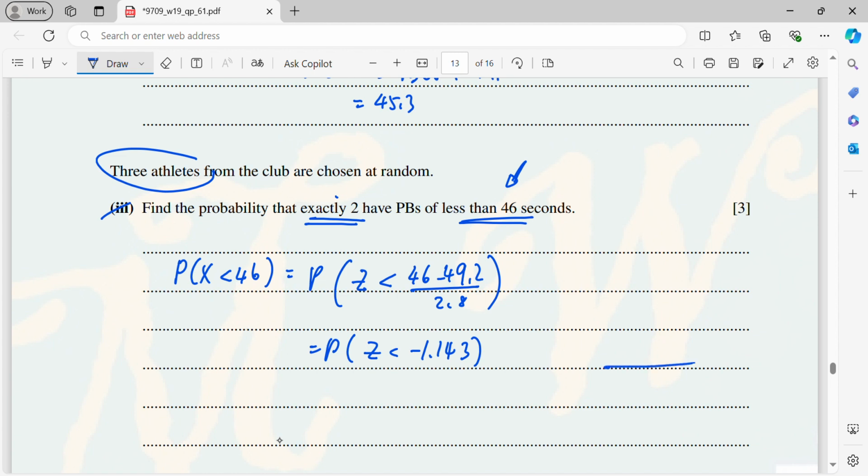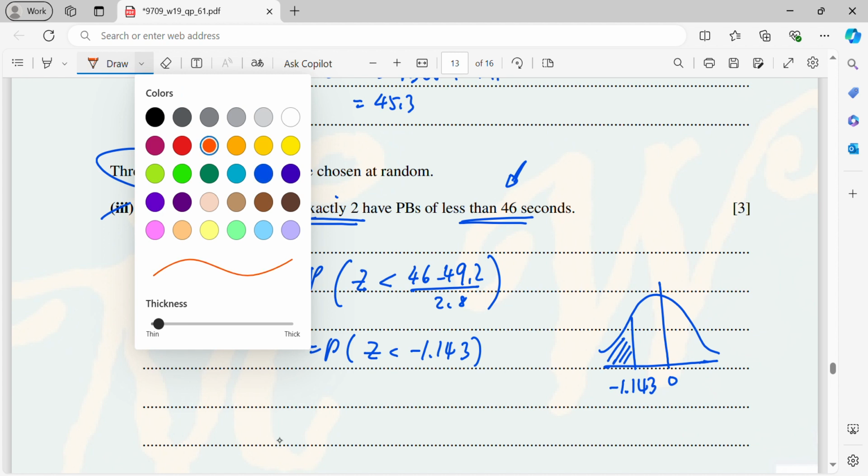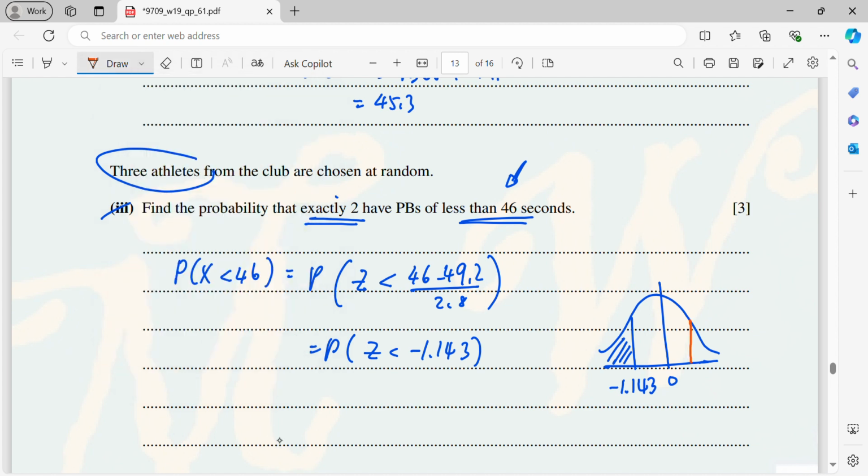Now you sketch a graph. Negative 1.143 is on the left side, and the region is on the left side as well. Because the region is on the left side, we flip it. It will be 1.143 on the right side. It will be symmetrical. Then the orange region is basically 1 minus all the previous probabilities.